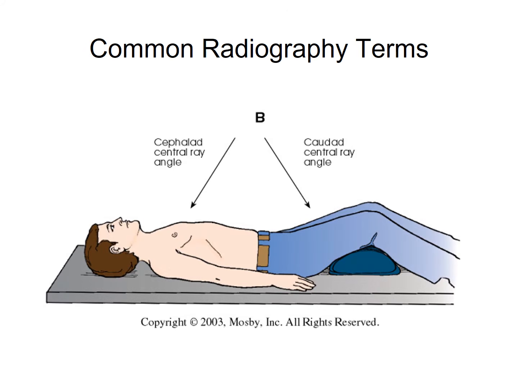Common radiographic terms. Okay. When we're taking x-rays, we angle our beam very often. We'll learn about this more in upcoming courses, but in the body, when you're x-raying things, a lot of things are going to be superimposed. So in order to avoid the superimposition, we angle our beam. If we angle the beam towards the patient's head, not exactly at the head, but towards the head, we are angling the tube cephalad.